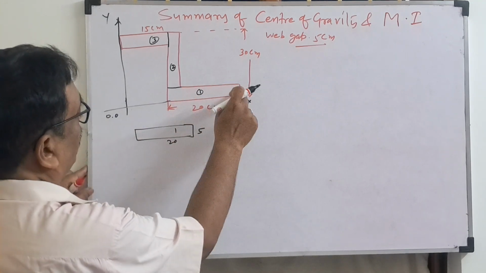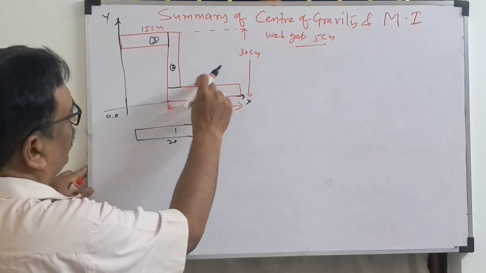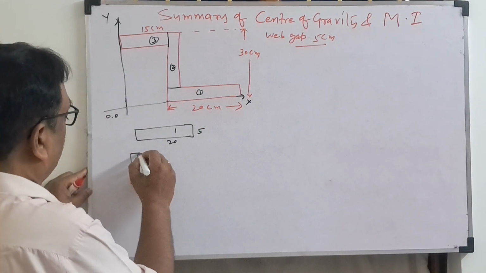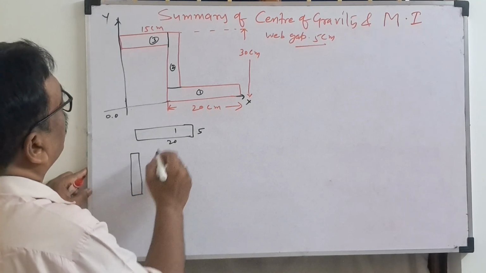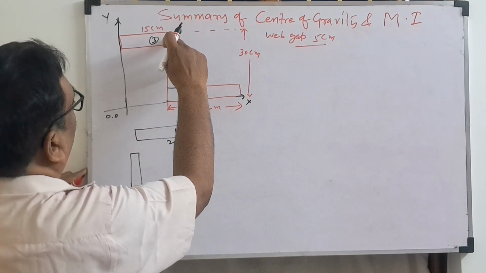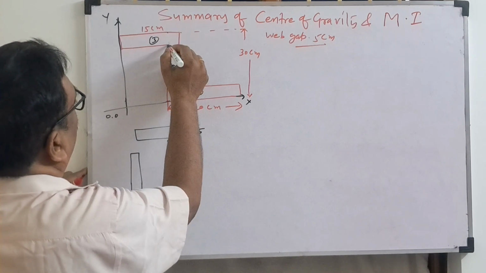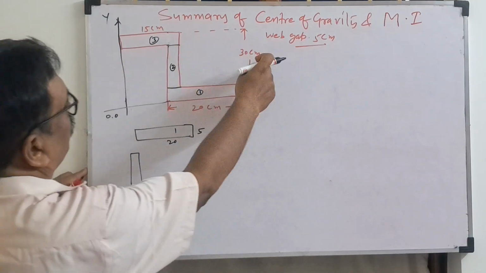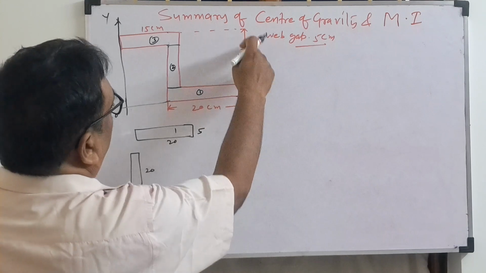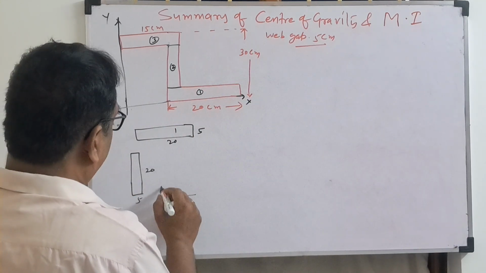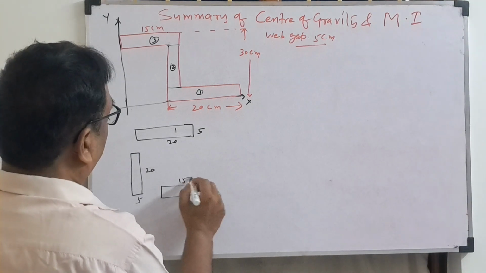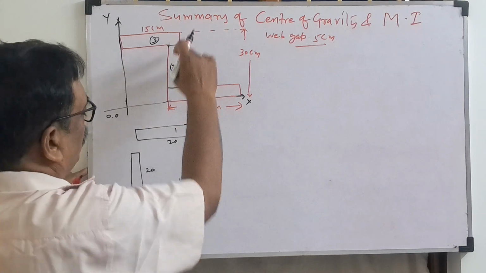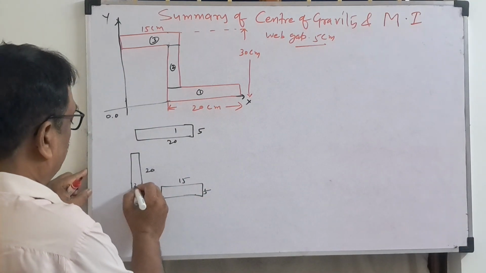If you cut this way, it will come 15 into 5, and then the sections will have different dimensions. The second one I take, this total: 5 and 5 gone, this will come 20 and 5. Then the third section you take 15 and 5. Before I took it this way; now you can take 10 and 5, then this section will come 25. Nothing wrong, anything you can take.